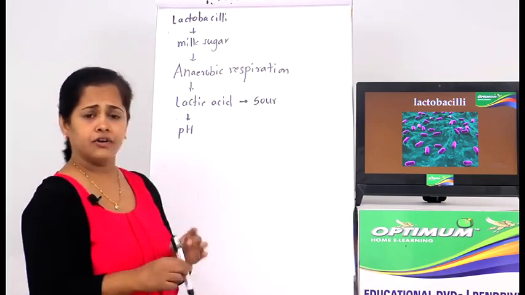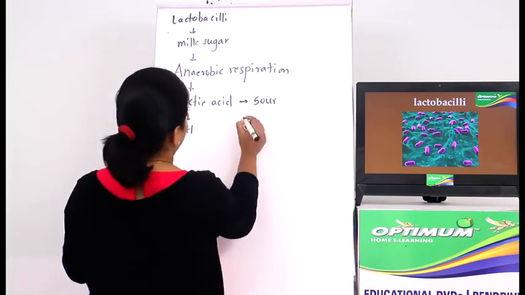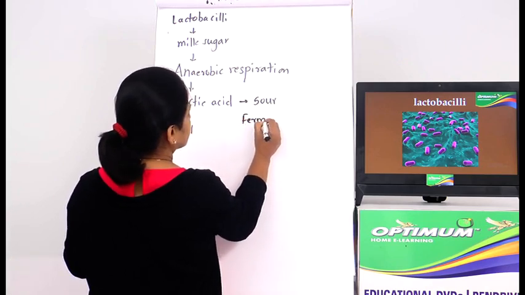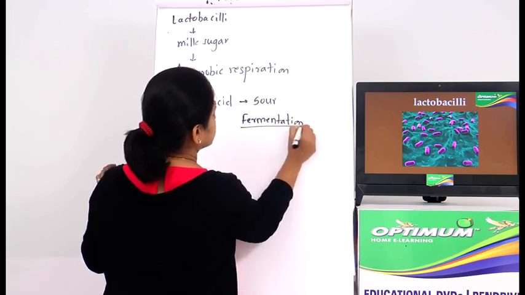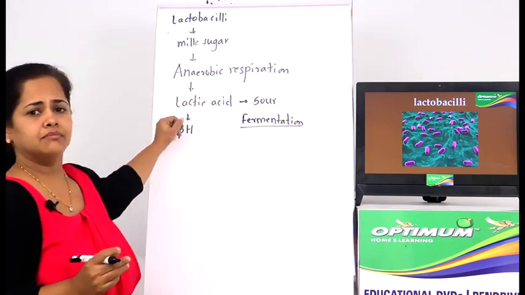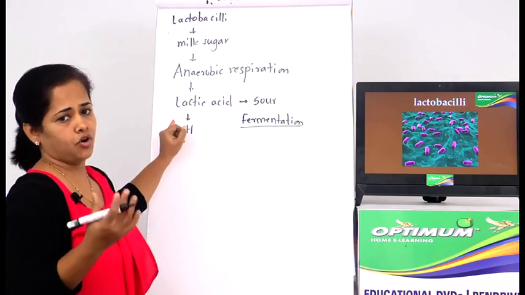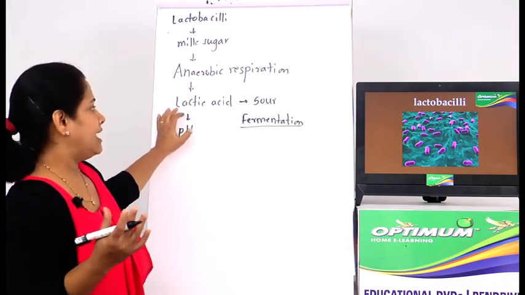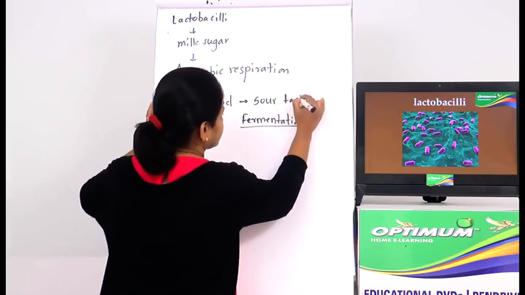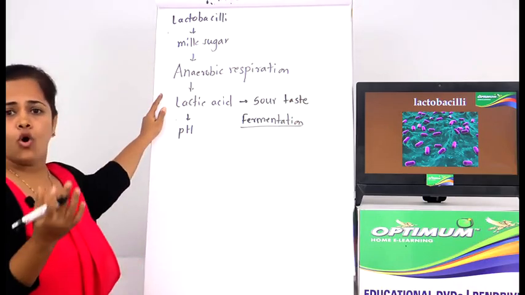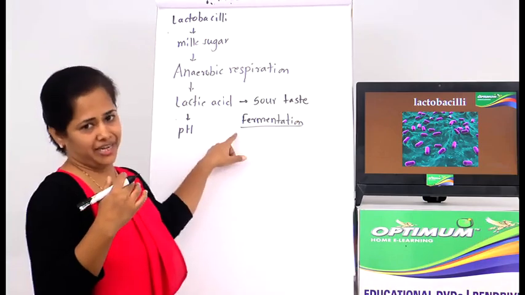This whole process of curd formation is also called fermentation. So lactic acid formation, because of which the curd is formed, is called fermentation. I think you all must be clear with why the sour taste, why slow or fast process, and what is fermentation.